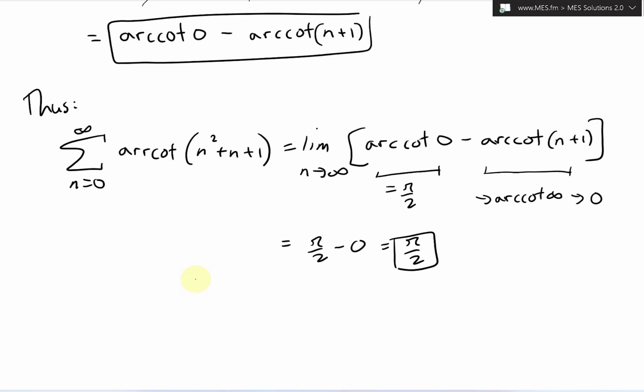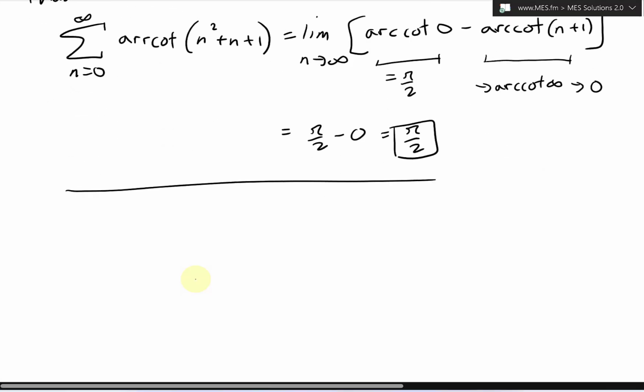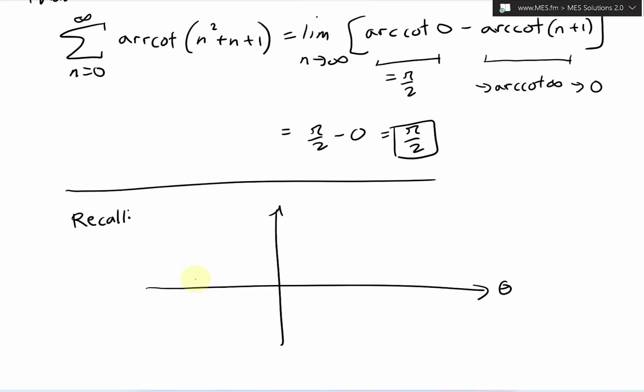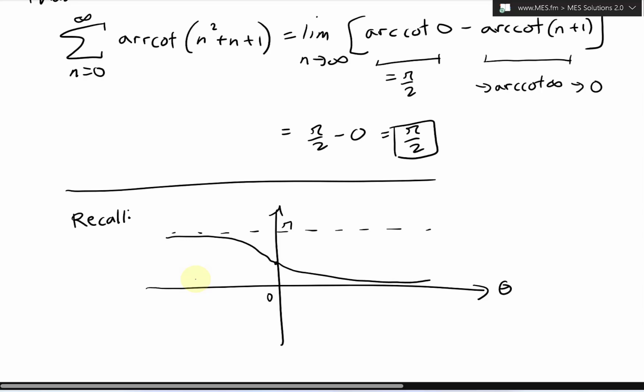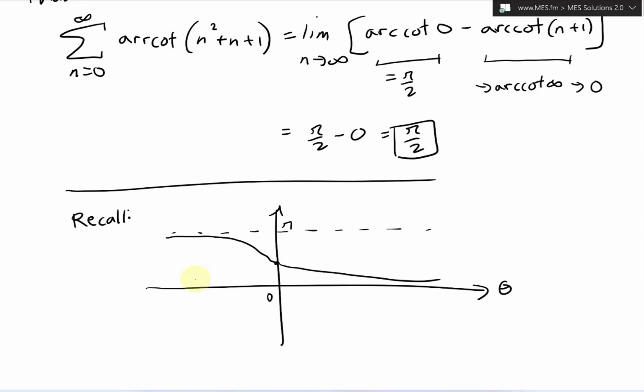So fascinating stuff there. Let's just recall for completeness the angle. This is theta, and remember, this is pi, this is 0, and this is pi over 2. So at 0 it is pi over 2, and it goes to infinity. It doesn't curve up, it just keeps going down like that.